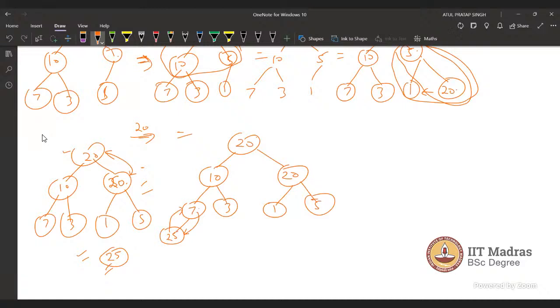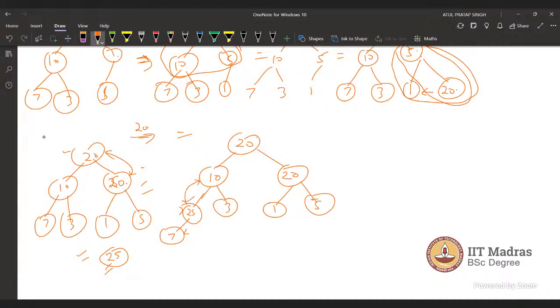So this 25 comes here and this 7 goes below. Now once again we check whether this 25 is greater or less than its parent value. 25 is greater than this 10, so this 25 will swap with this 10.